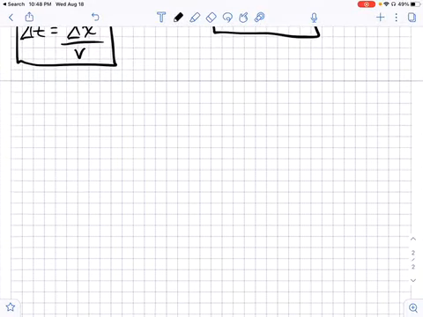Here's an equation. We have x is equal to x naught plus v naught t plus 1/2 at squared. Now don't get intimidated because of all the letters. It's the same process here.